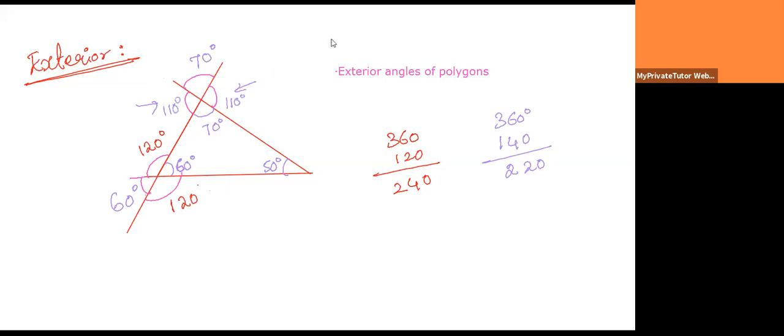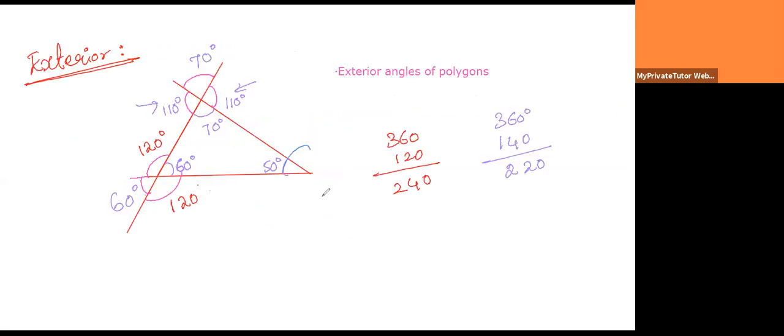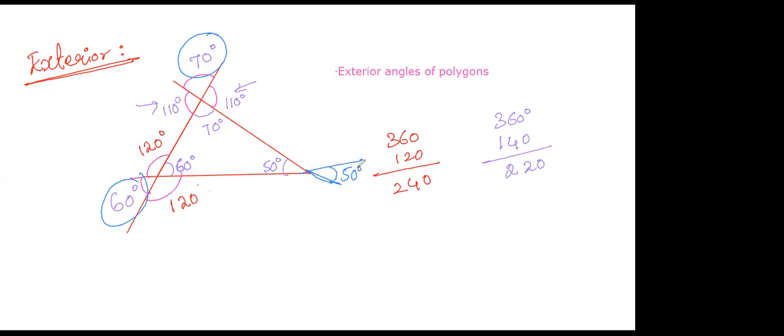So what I mean to say, why 360 here? The sum of the exterior angles of a polygon is 360. That's what you can see here. But you need to take only one portion, or else you can take the total portion. So for example, 70, this 60, and then if you do this, we'll get 50.